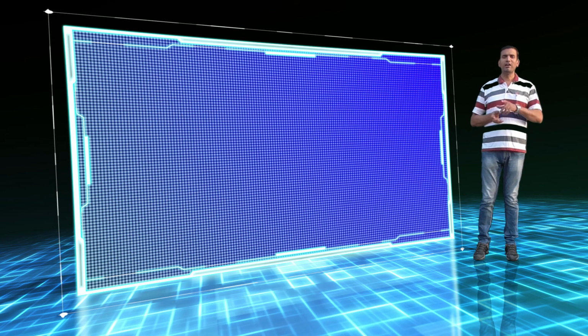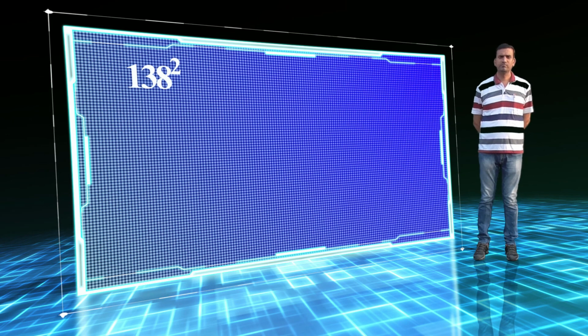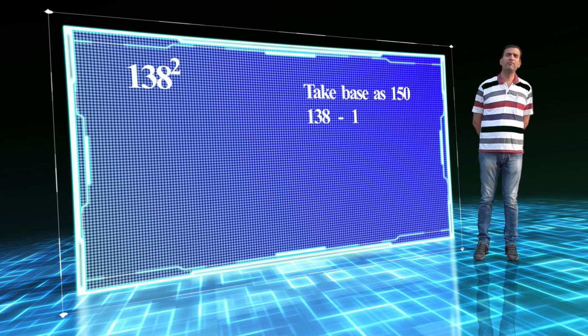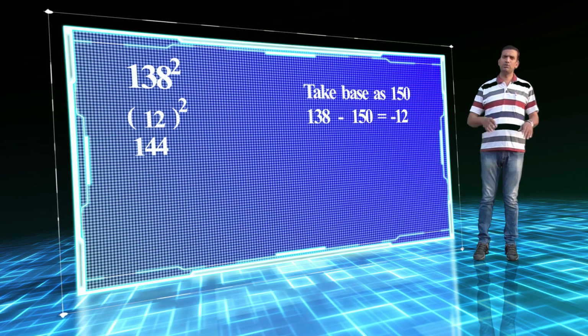Okay, I'll give another example. Let us suppose 138. Again, we have to take the base as 150. It is 12 less than that. 12 squared is 144. In this case, you write down 44 and carry 1.